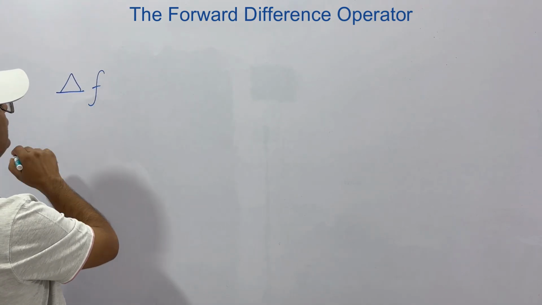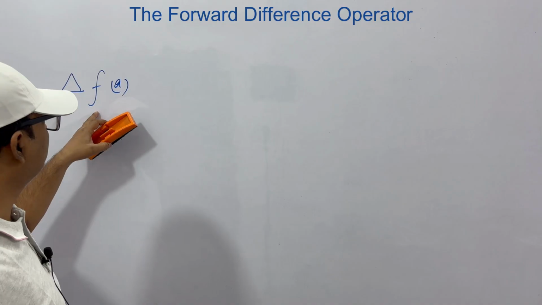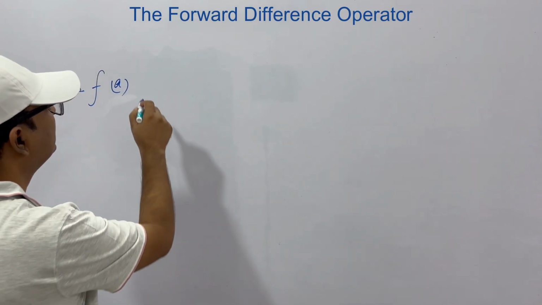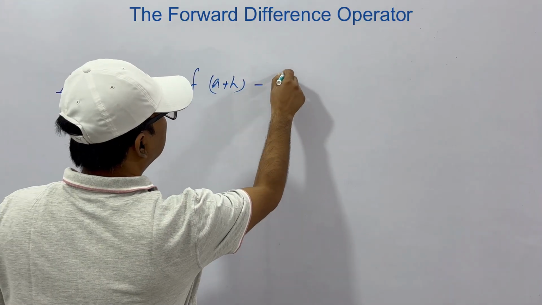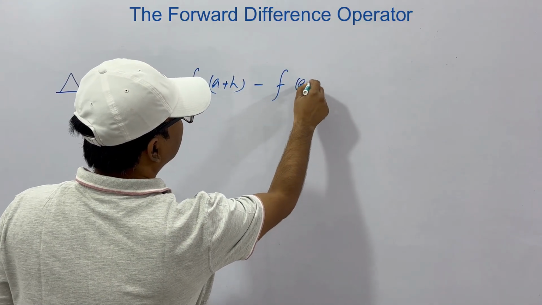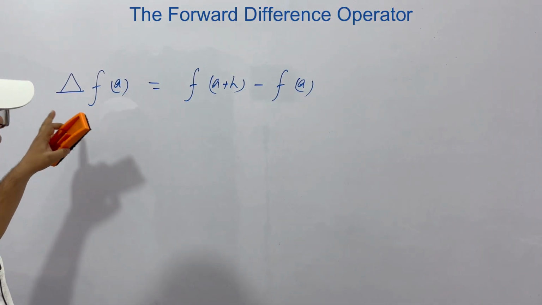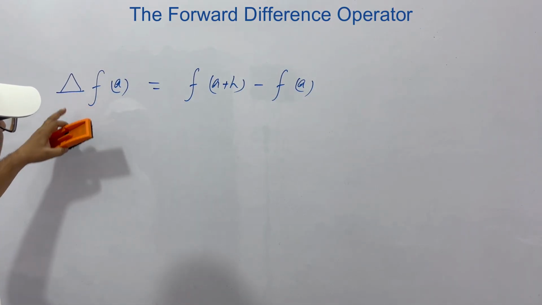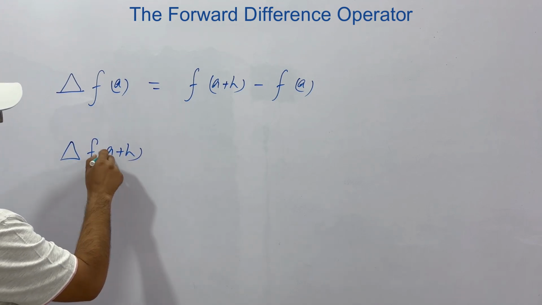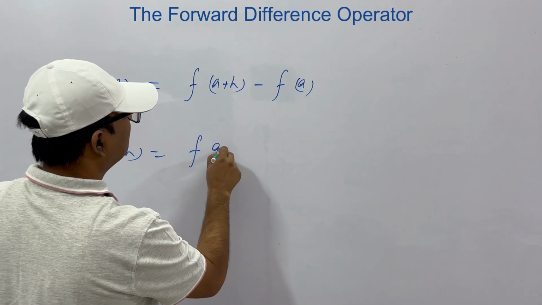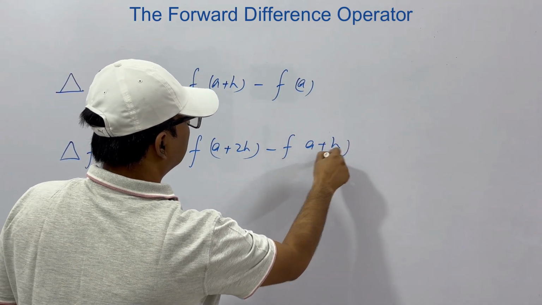If f is a function, then del of f(a) means f(a+h) minus f(a). In the table, this minus this was the meaning of del f(a), the first difference. The second difference is f(a+2h) minus f(a+h).